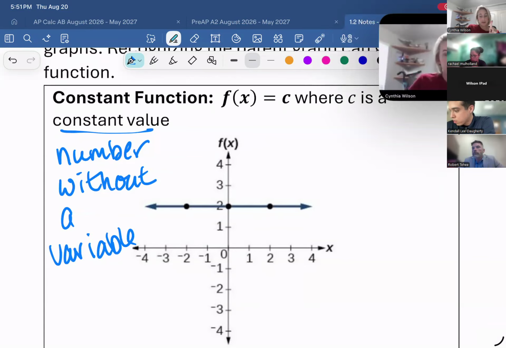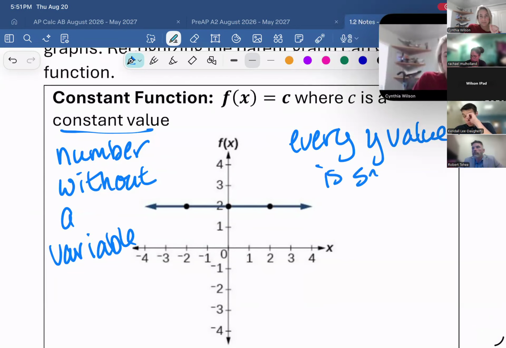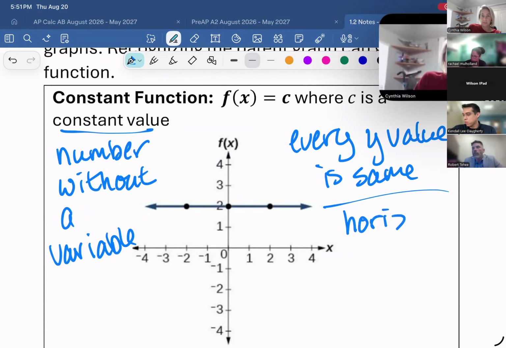Okay, this means that every y value is the same. F of x equals c is always a horizontal line.